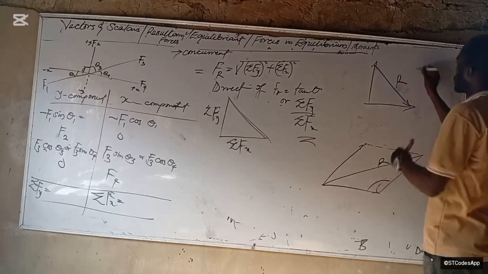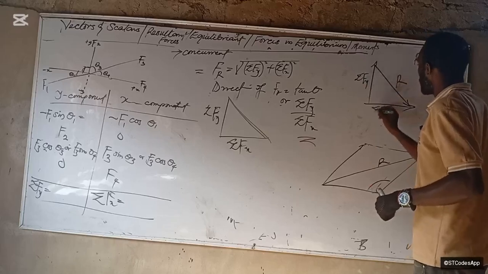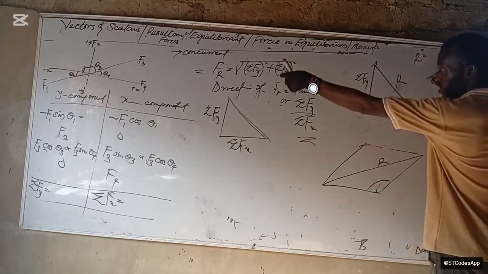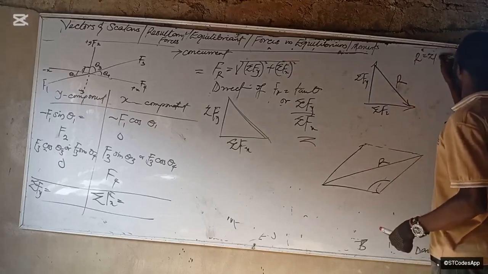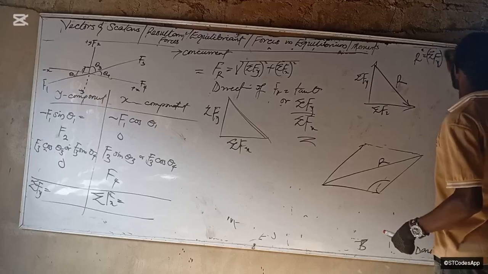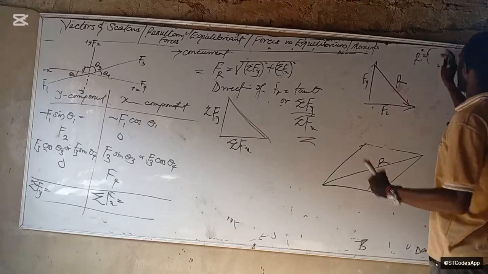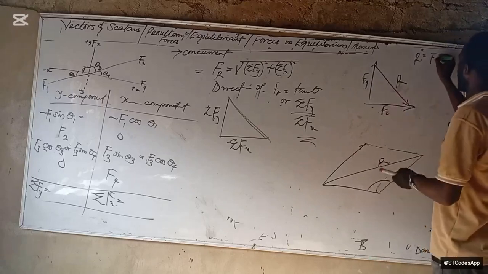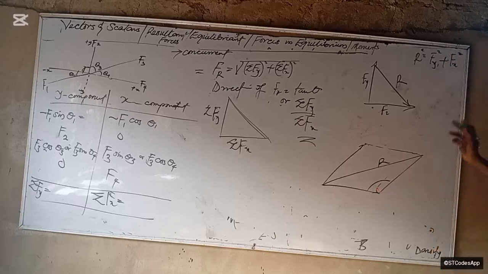So here, I'm going to show you the formulas we use. For this one, we can easily use what? R squared is equal to what? Summation F squared, which was what we used there. Does that make sense? So the resultant here is going to be summation Fy squared plus Fx squared, or just Fy, because it might just be one force. These are for three forces. Is this clear?